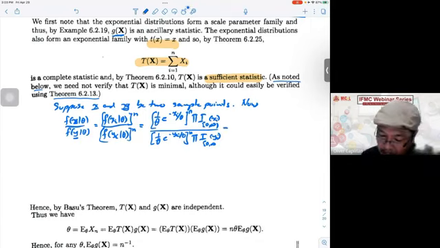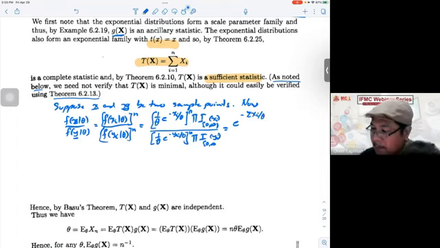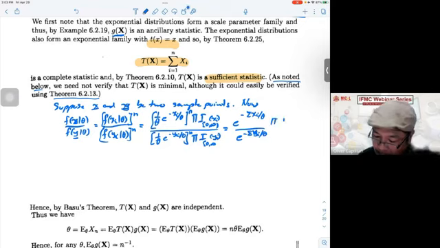Okay, so simplifying this, we have e to the negative summation of x sub i over theta, then e to the negative summation of y sub i over theta. Then the product of the indicator function of x sub i, 0 to positive infinity, and the product of the indicator function of y sub i, 0 to positive infinity.